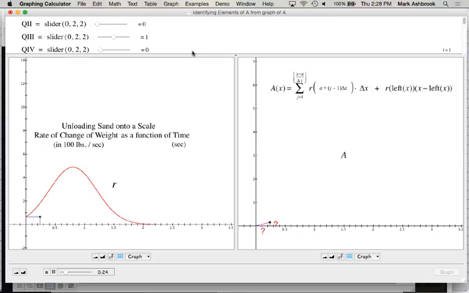You're to figure out what quantities. So there's a question mark for the horizontal bar and a question mark for the vertical bar. What partial expressions from the A of x formula are represented by each of those? Think and then talk. So what part or parts of that formula is the horizontal red bar and the vertical red bar?